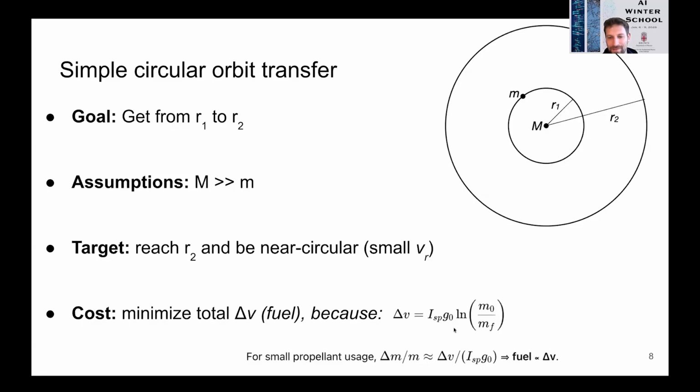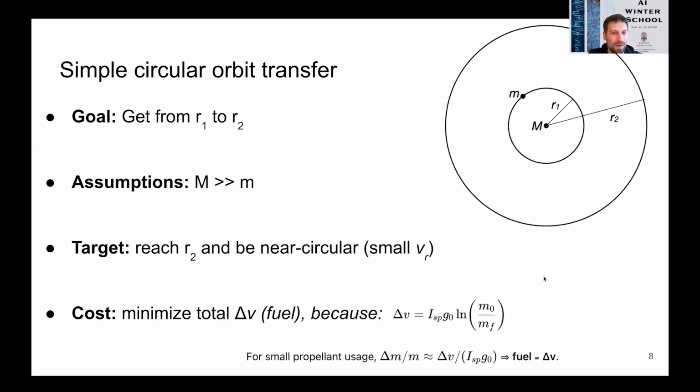And then, of course, for very small delta M's during the burn, you can do some Taylor expansion and manipulation here, and you get the relation where the change in mass, meaning the change in fuel, is proportional to the change in delta V, apart from these constants. So that's where you get that fuel is proportional to velocity change.